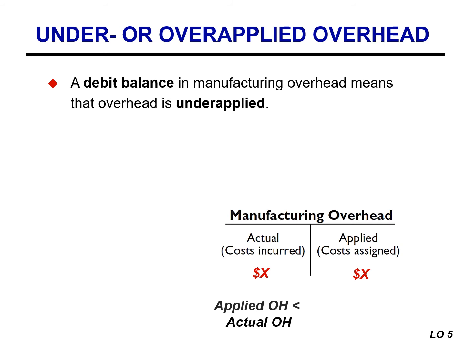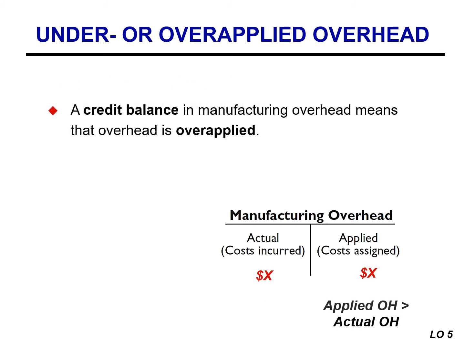Underapplied overhead means that the overhead assigned to work in process is less than the overhead incurred, or actual overhead. When manufacturing overhead has a credit balance, overhead is overapplied. Overapplied overhead means that the overhead assigned to work in process inventory is greater than the overhead incurred.